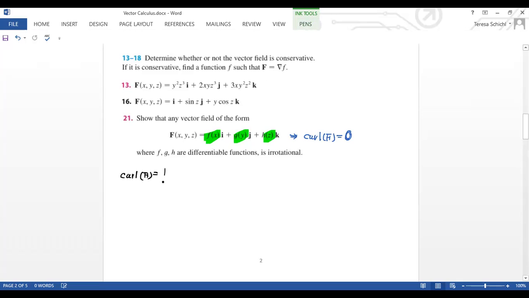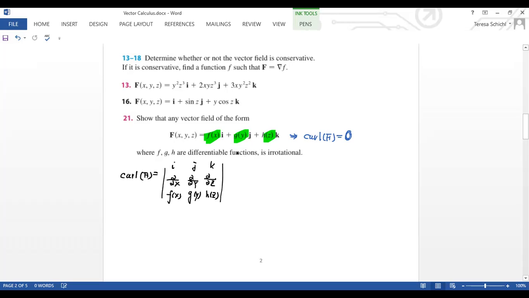Remember the curl of F, we do this matrix: i, j, k, then you put the operator in a row: ∂/∂x, ∂/∂y, ∂/∂z. Then this is f(x), g(y), and h(z).